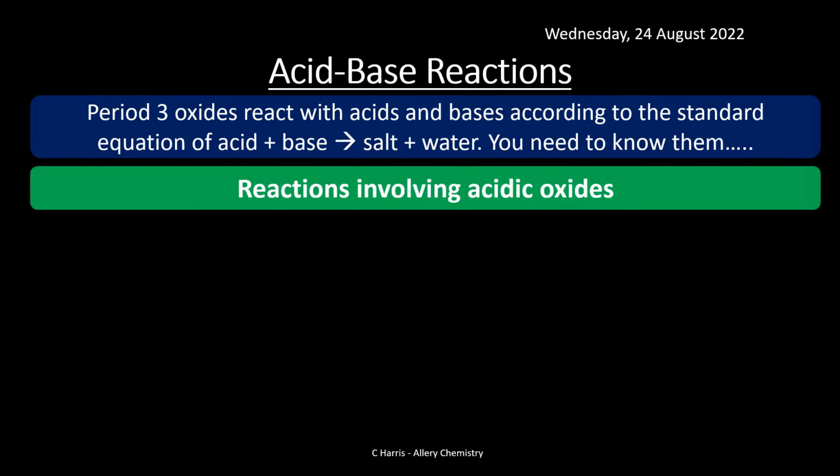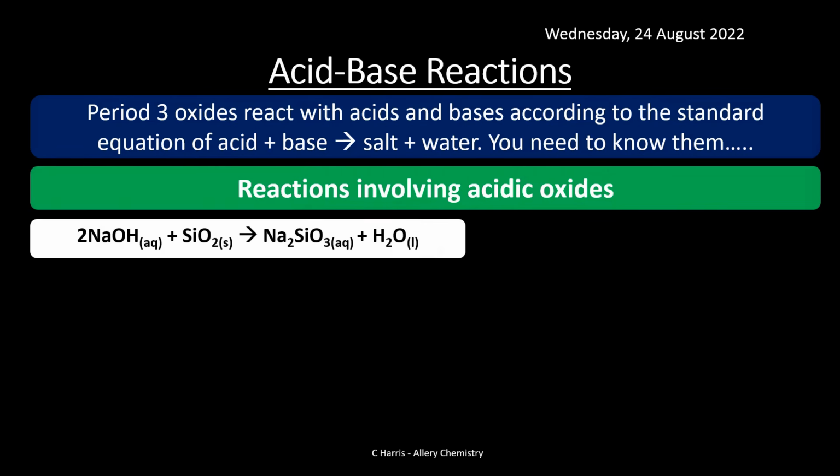Okay, so let's have a look at our acidic oxides. Sodium hydroxide this time is going to react with silicon dioxide. This is the next one up and across the period. So this is reacting with a base, and this will form sodium silicate, which is this here, plus water. So it's still salt plus water.